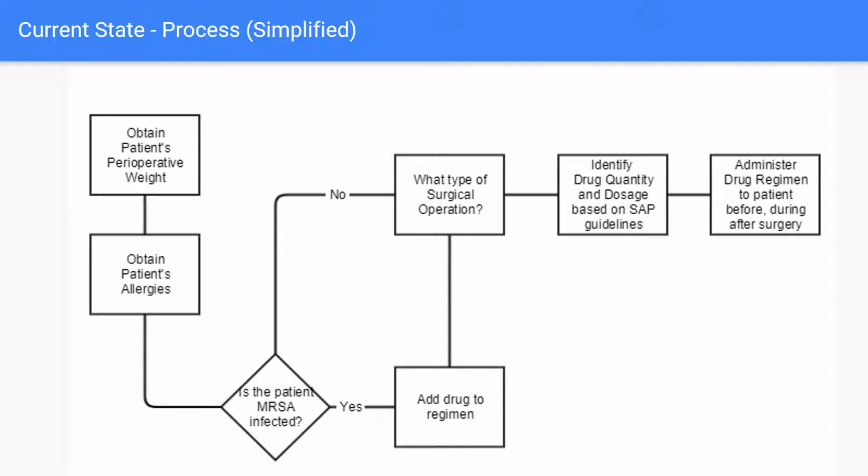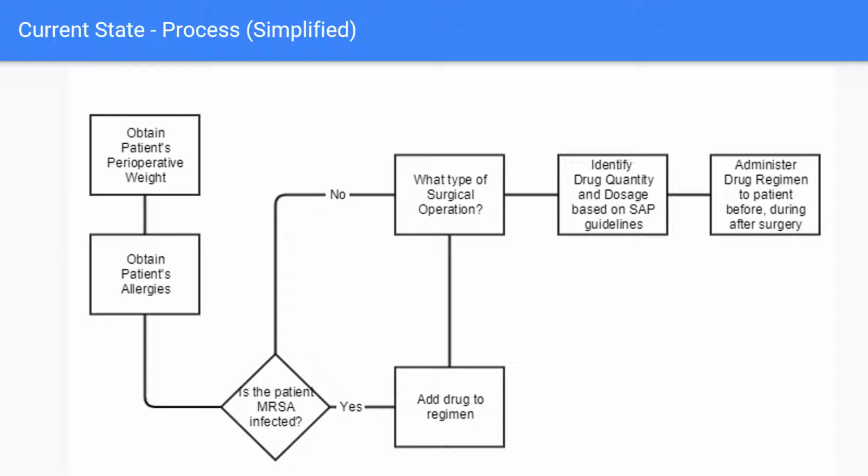So what you see here is a very simplified process flow diagram of how a drug regimen is developed. The clinician would obtain the patient's perioperative weight and then go on to find out if that patient has any allergies, and check if the patient is MRSA infected.